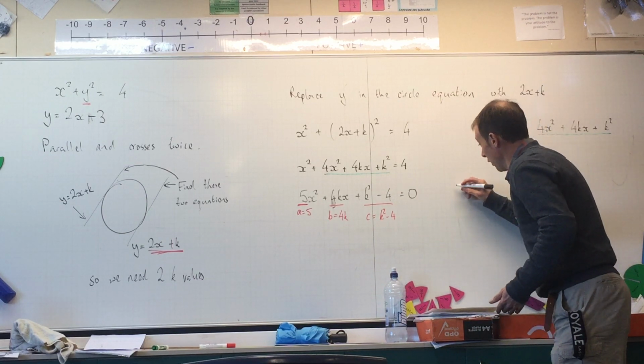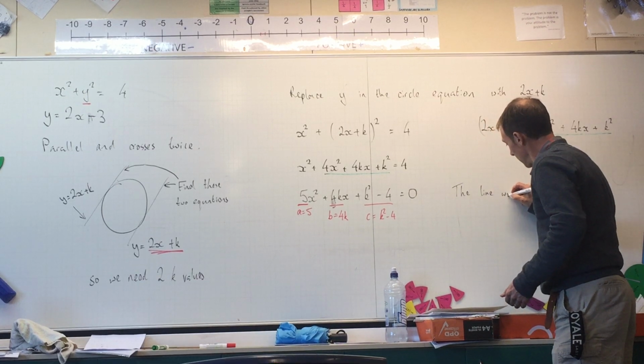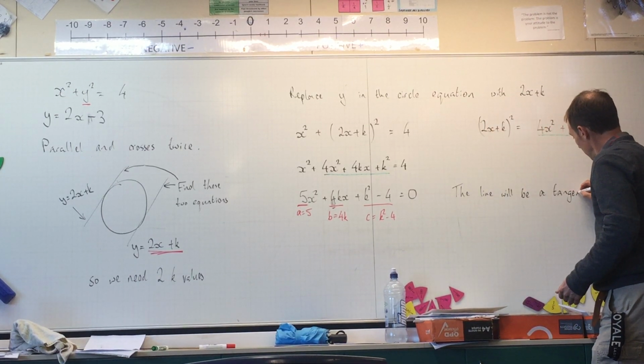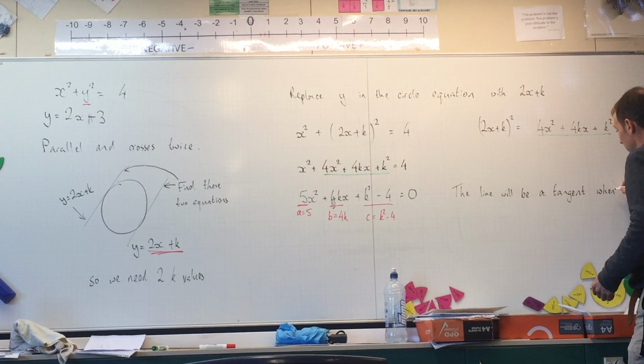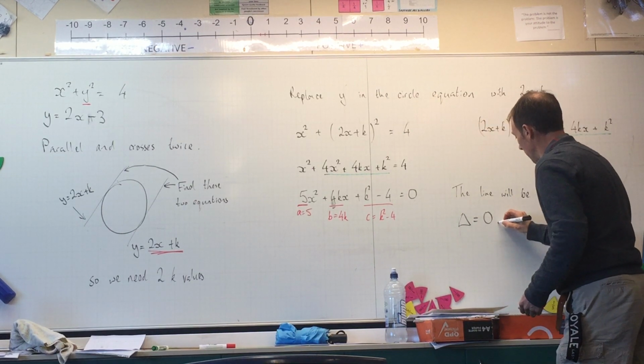Okay, so the line will be a tangent when the discriminant equals 0.